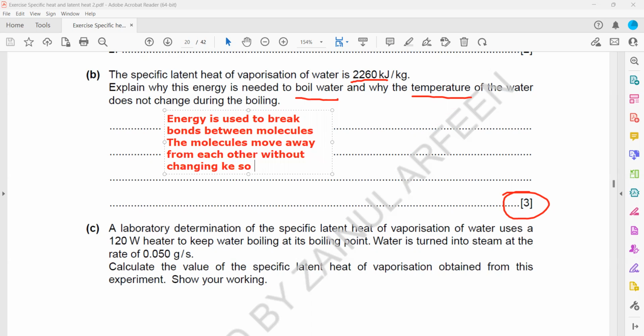You can mention kinetic energy or you can mention speed. So the temperature does not change.